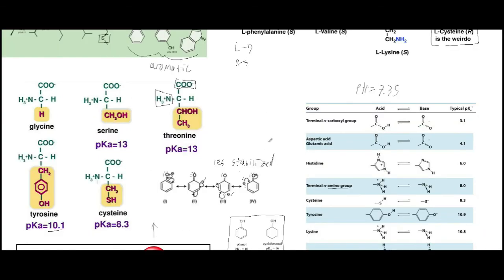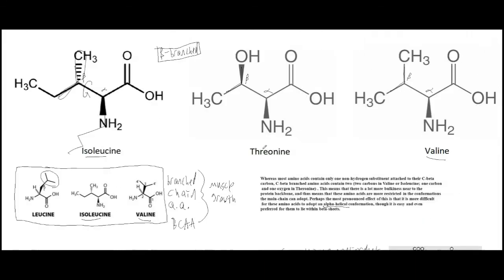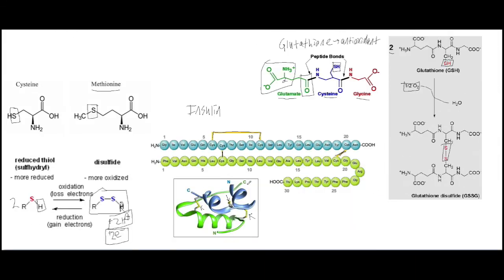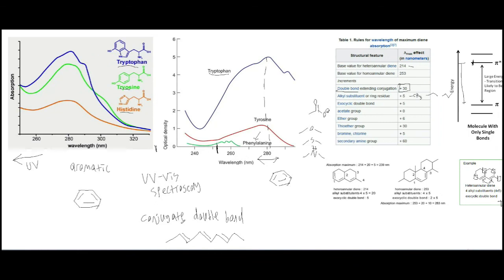We talked quite a bit about the acids and bases of amino acids, the branched chain and the beta branched. We talked about disulfide bonds. We talked about how the aromatic nature of these side chains affects how they interact with light.